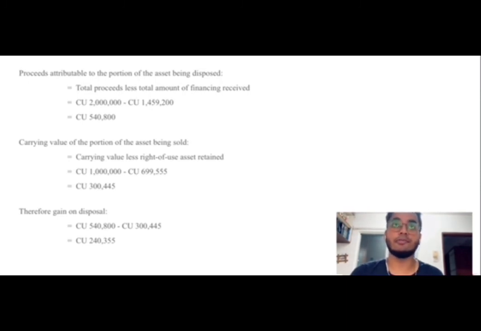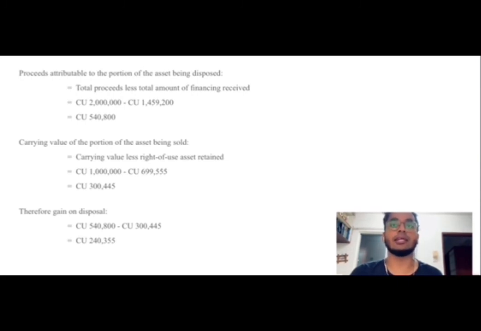Secondly, the carrying value of the portion of the asset being sold. How do we find this? Carrying value less right-of-use asset retained. So here we have CU 1 million minus CU 699,555, and we have CU 300,445.